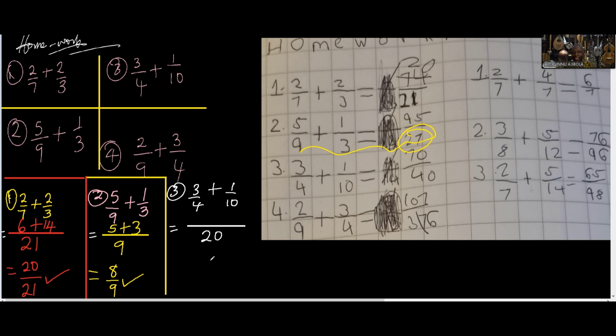No way. 4 plus 4 plus 4 plus 4 plus 4 is 20. So how many 4s in 20? 1, 2, 3, 4, 5. 4 times 5 is 20. So how many 4s are in 20 now?